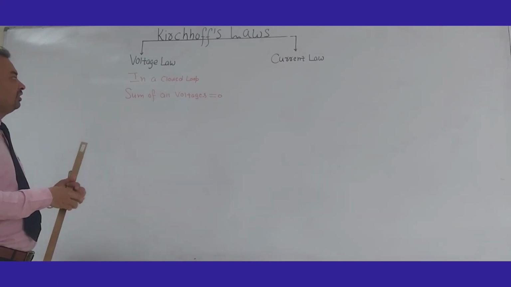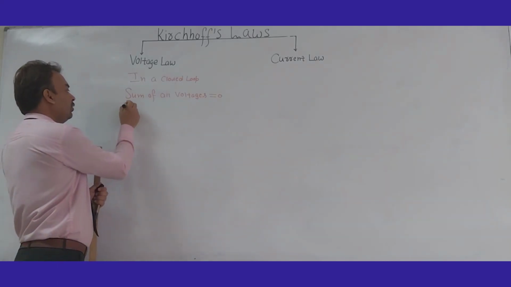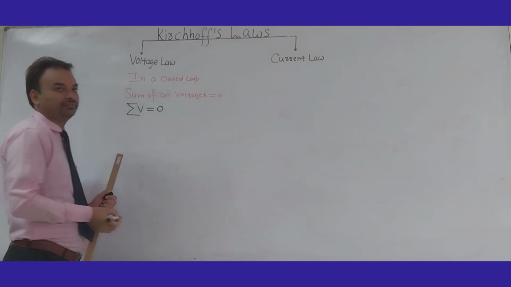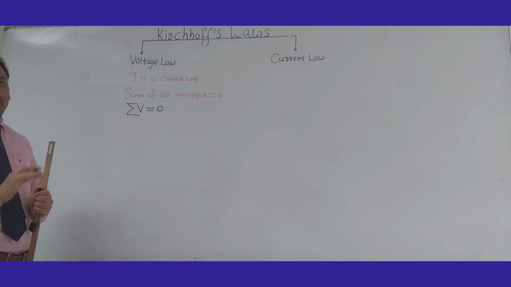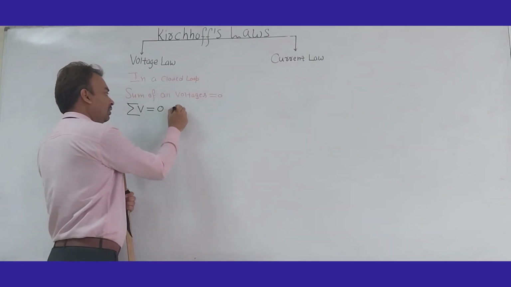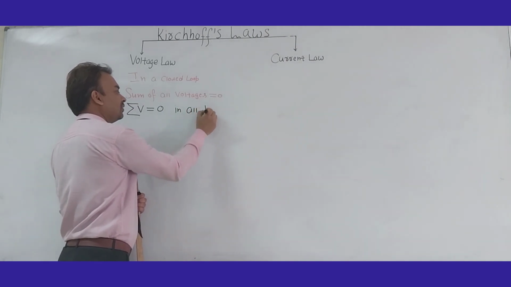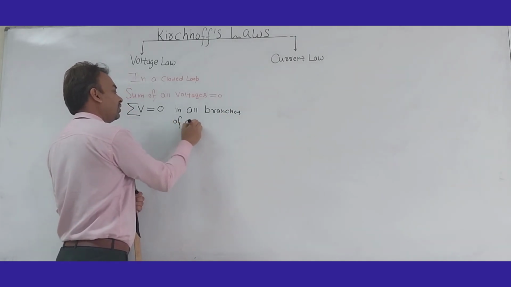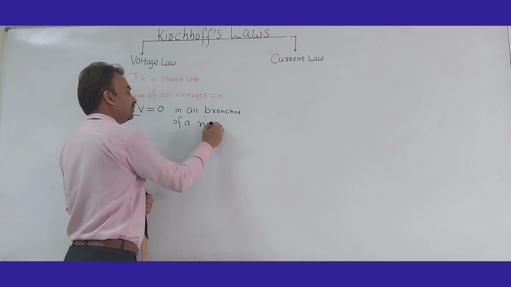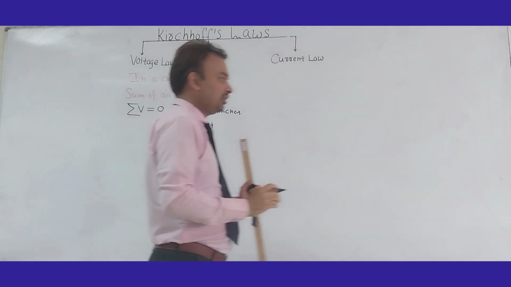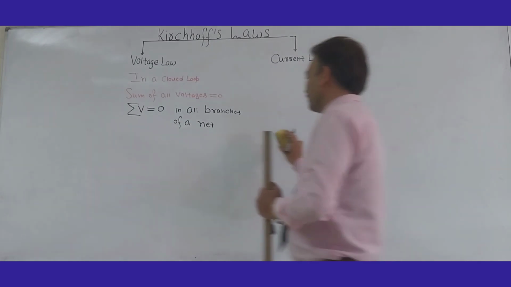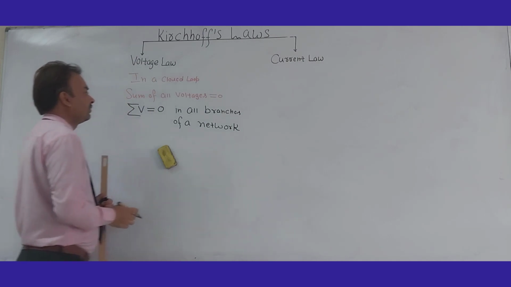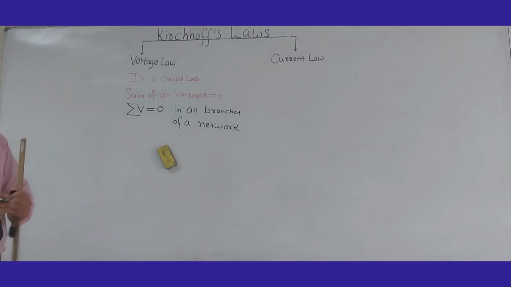So we can write the voltage law like this: the sum of all the voltages in all branches of a network, you can say electric network or electric circuit, should equal 0.